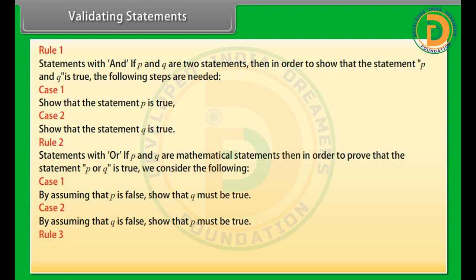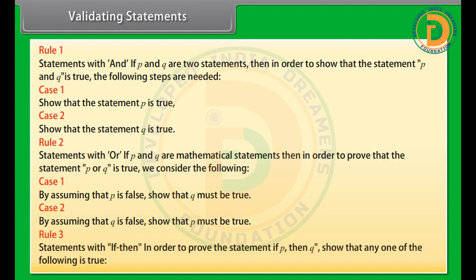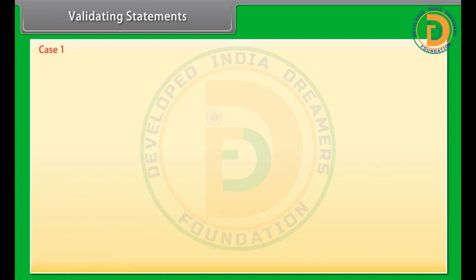Rule 3. Statements with if-then. In order to prove the statement if P, then Q, show that any one of the following is true. Case 1. By assuming that P is true, prove that Q must be true. Case 2.